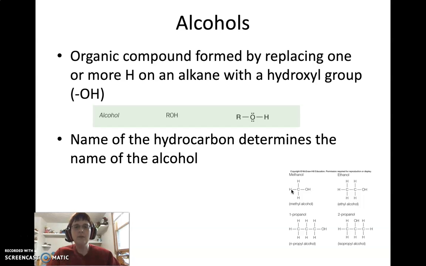So instead of methane, it's methanol. So we add the "all" on the end to get the alcohol. So we've got methanol. This is ethane. So it was ethane with all of its hydrogens. We take it and swap it out for the hydroxyl group, and now it's ethanol.